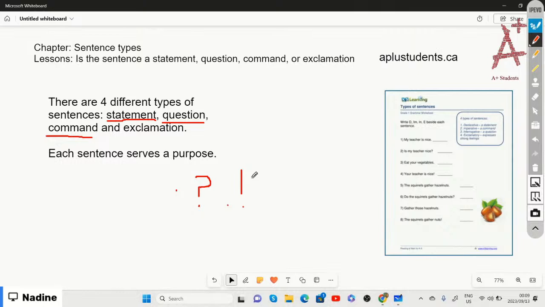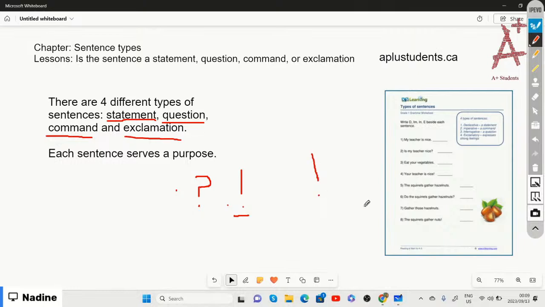But as soon as you are showing strong feelings or emotions, it will end with an exclamation point. Then we have an exclamation sentence, which ends with an exclamation point.